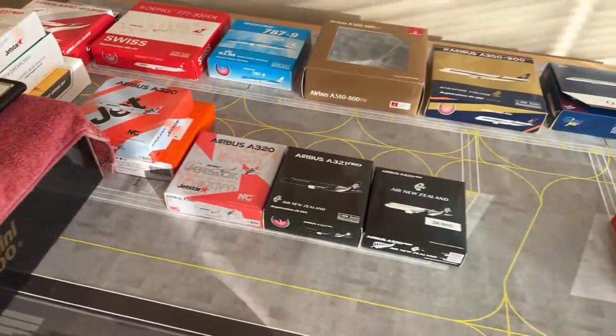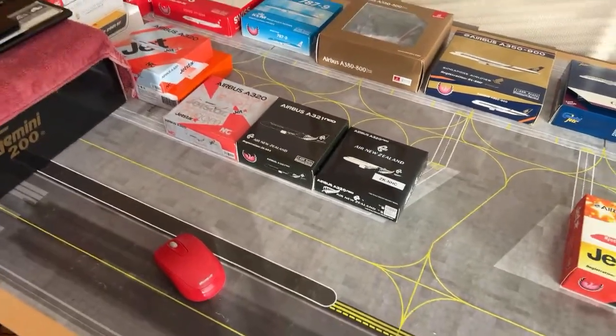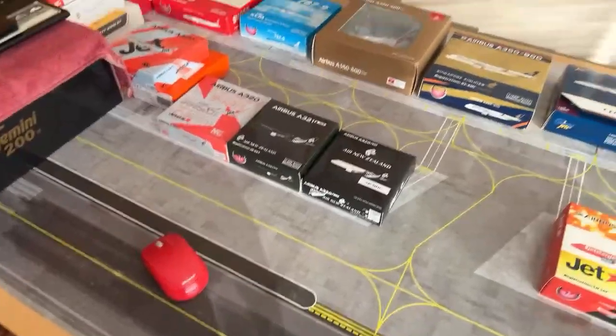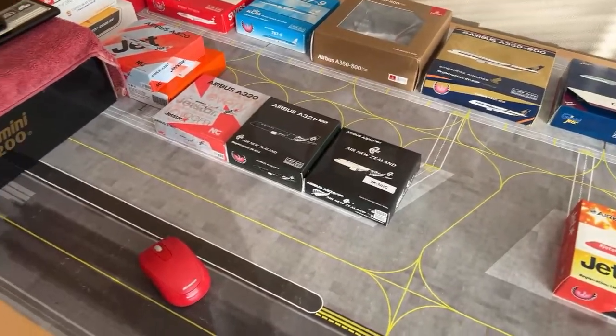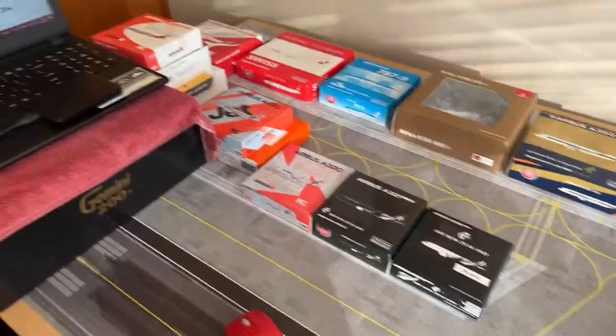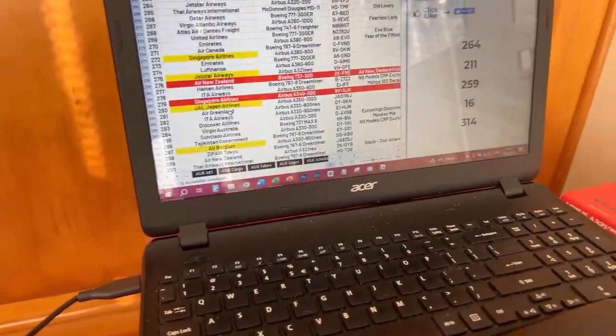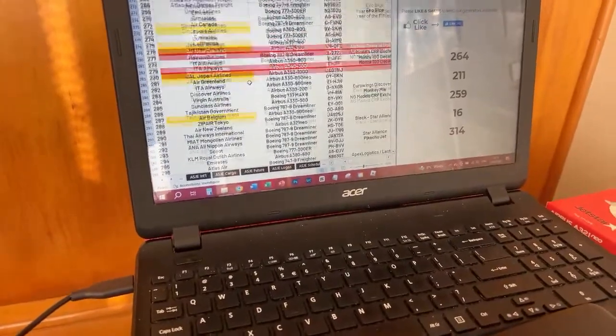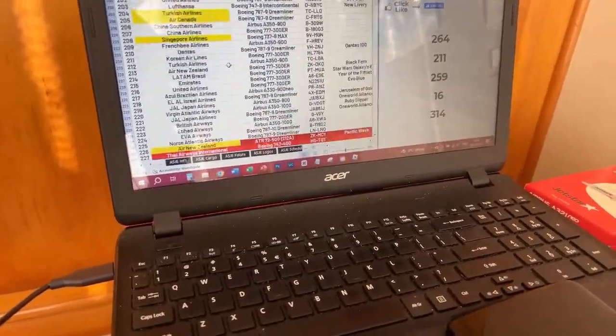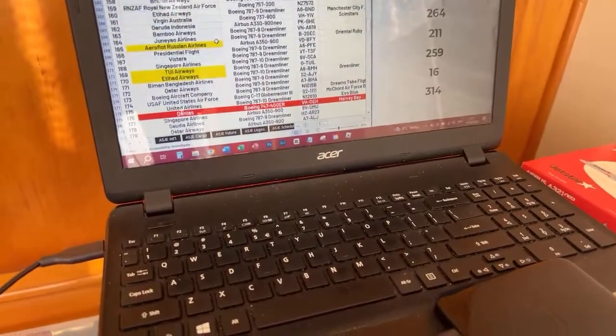Iceland Air? Maybe. I think most of them have already been featured. Let me have a look. I know 2 of them have.